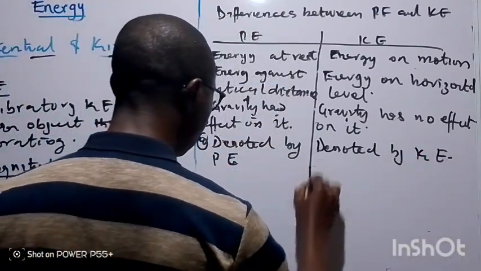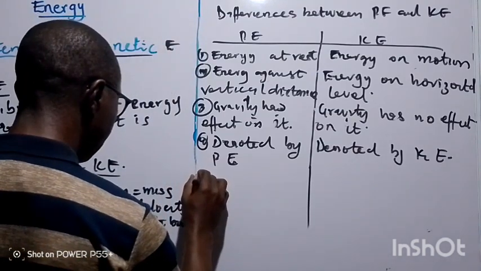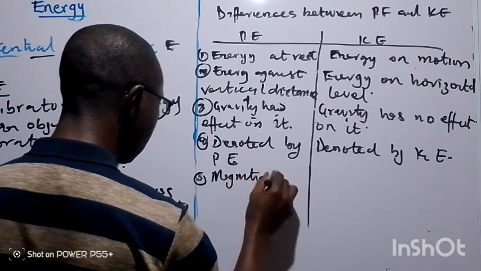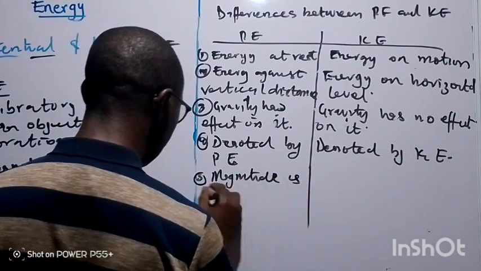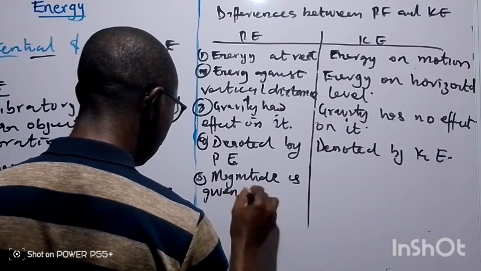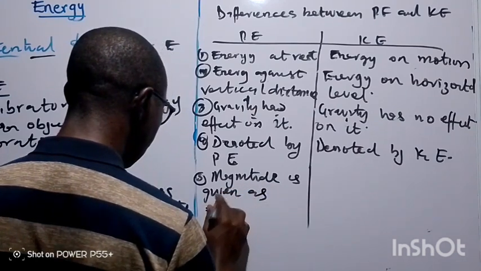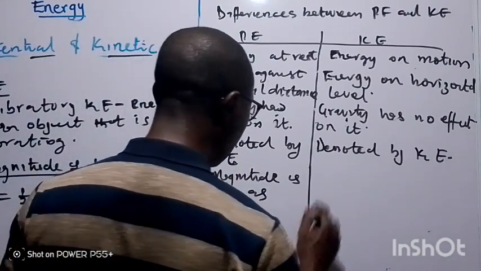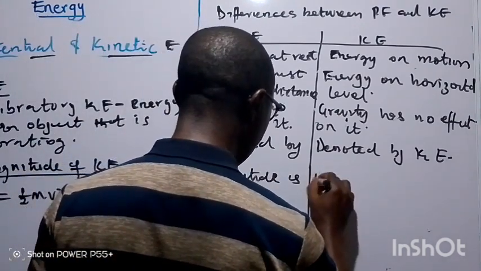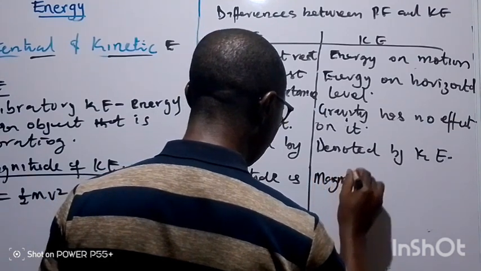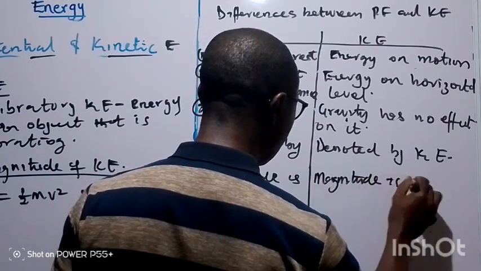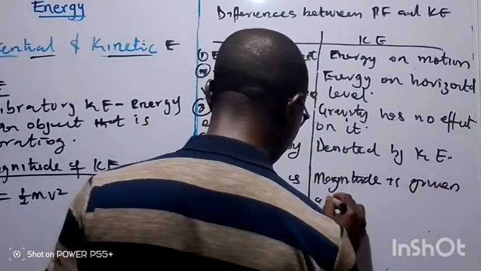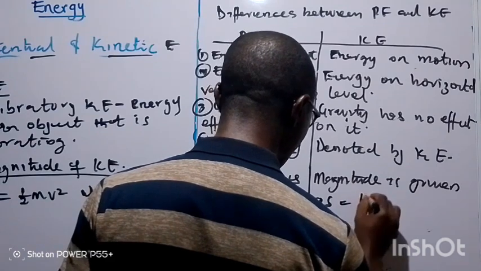Number five, the magnitude is given as mgh, while on the other hand, the magnitude is given as half mv squared.